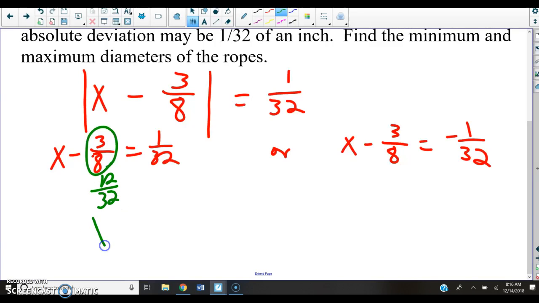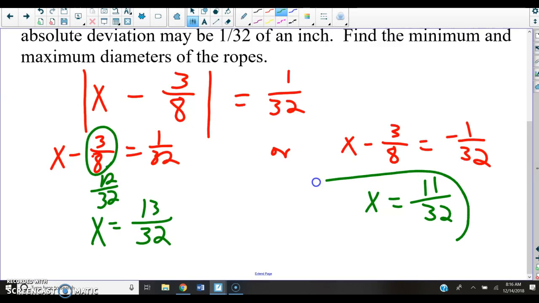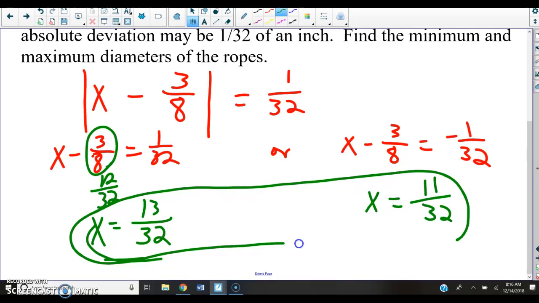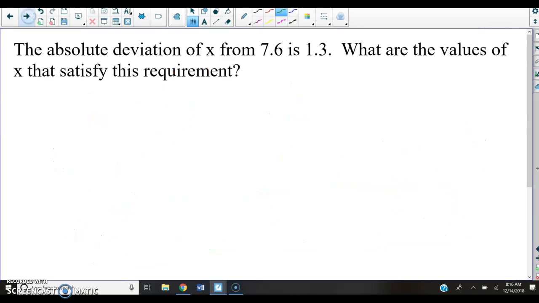When I add 12/32 to both sides, that rope could be as big as 13/32, and on this side, it could be as small as 11/32. Those are the biggest and the smallest your rope could be: as big as 13/32, as small as 11/32 inch.